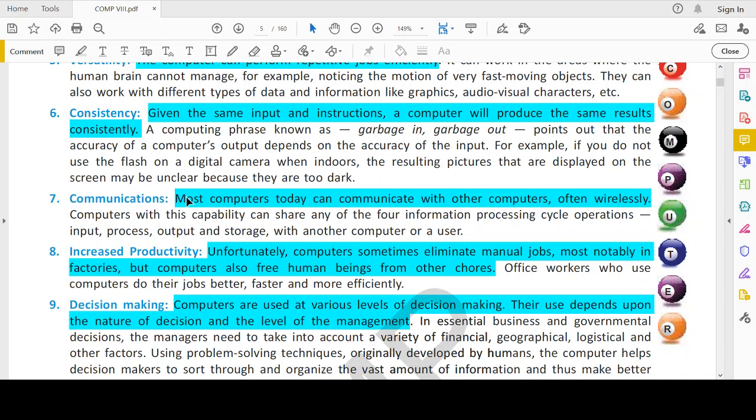Your computer has a Wi-Fi adapter which is catching the radio signals given out by your Wi-Fi router, or it may be catching the internet signals from the service provider, internet service providers, like Airtel, like BSNL, like Vodafone, like Jio.